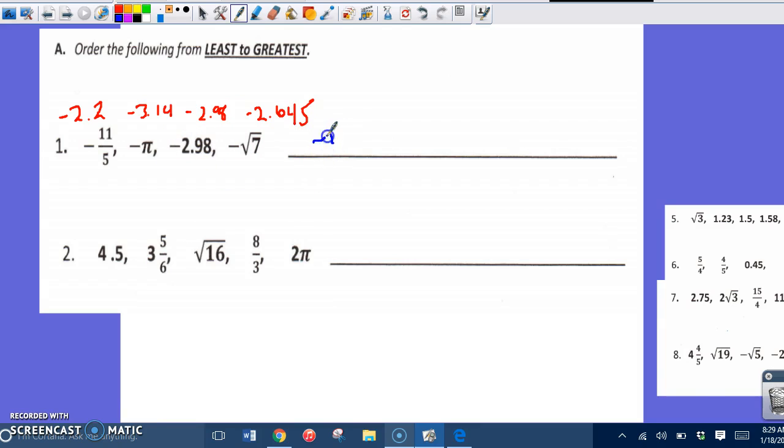So I have negative pi, excuse my writing, you know how hard it is to do this with a mouse. I would take that out so I don't get confused of which ones I have and which ones I haven't done. And then the next smallest number would be the one that's already in decimal form, negative 2.98.